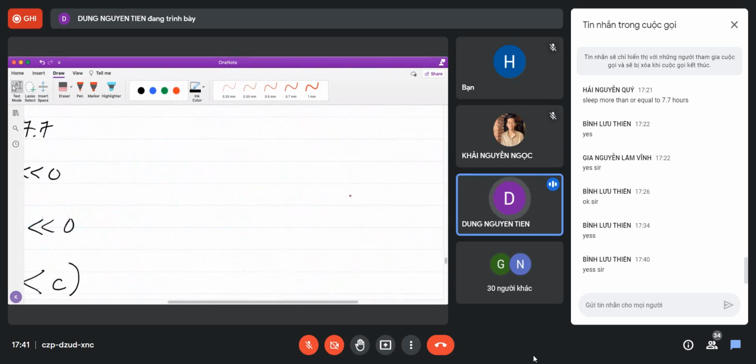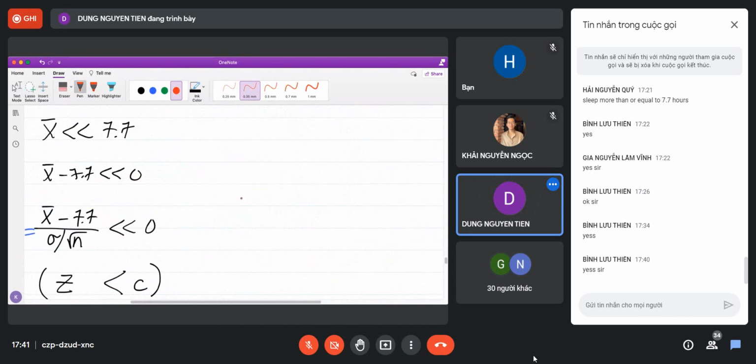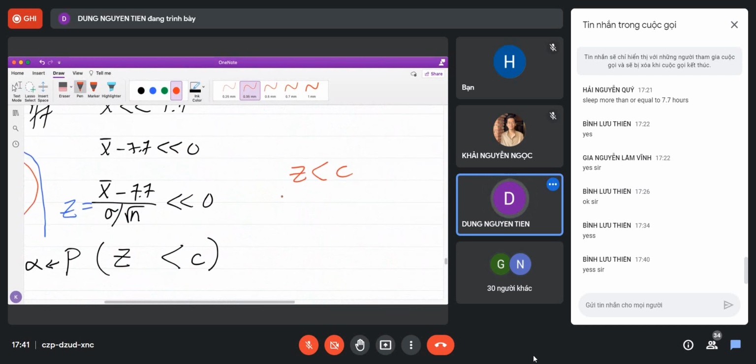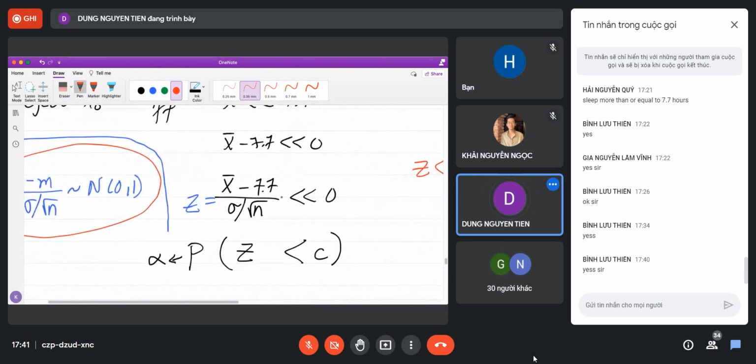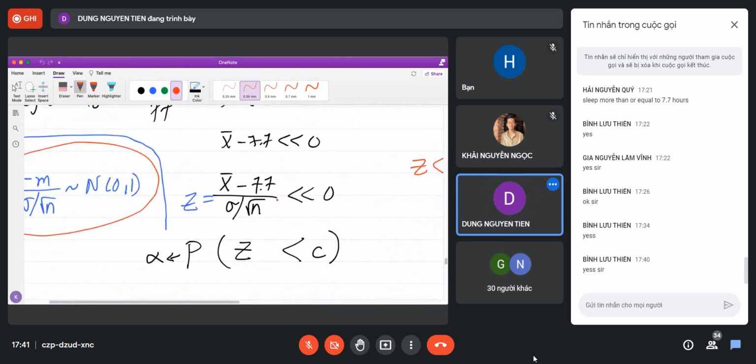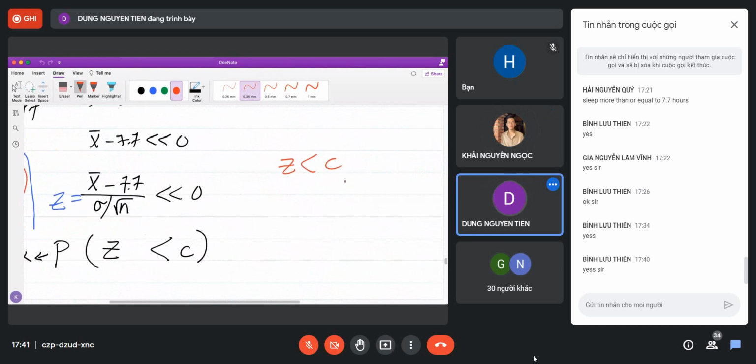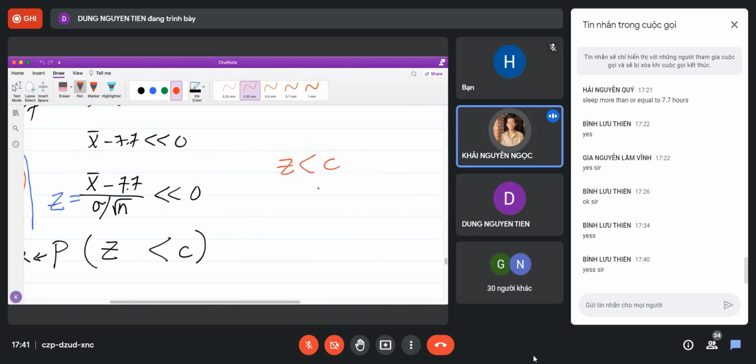It means that Z is less than something, right? So if Z is less than that number, we say that Z is small enough. If Z is greater than C, we say that Z is big. It's not small enough. All right. That is the threshold value. So C is a number that, if Z is less than it, Z is too small. It is the smaller threshold. Yeah. Okay.